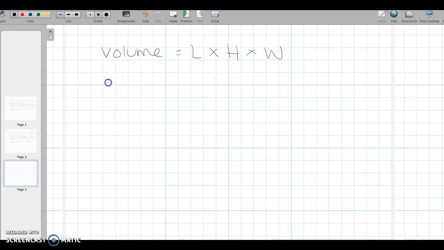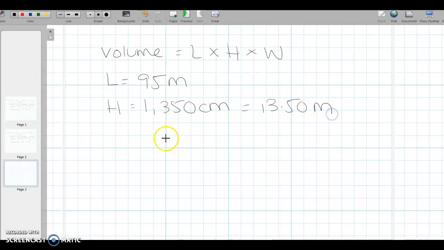We will call the length 95 meters, the height 1,350 centimeters, which converted equals 13.50 meters, and the width is equal to 0.0015 kilometers, which converted equals 1.5 meters.